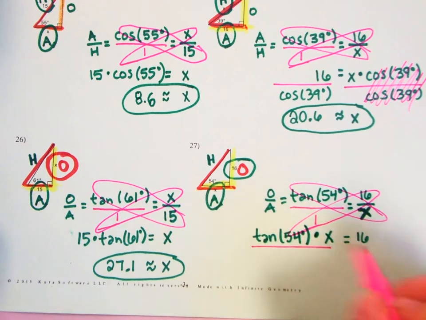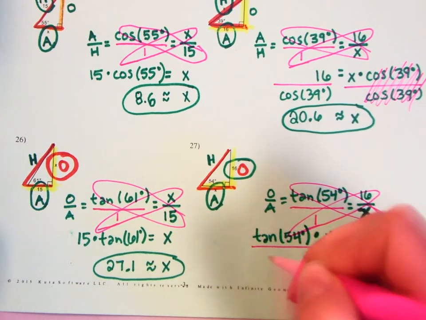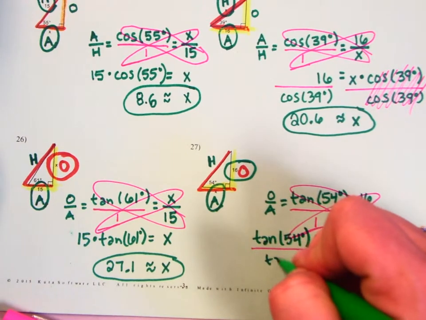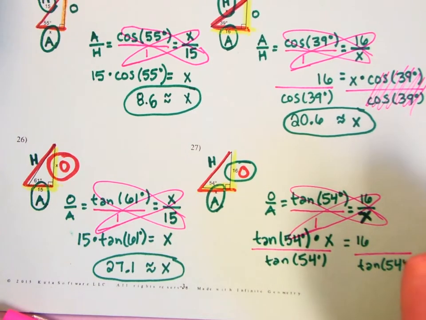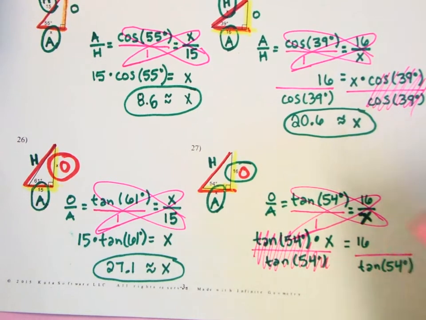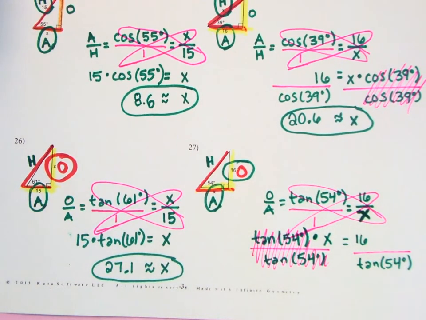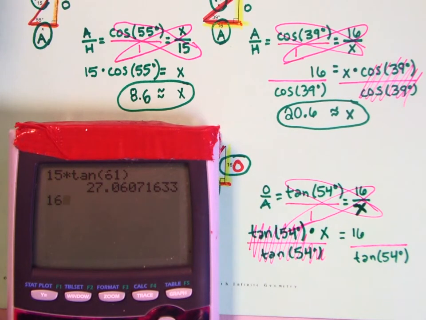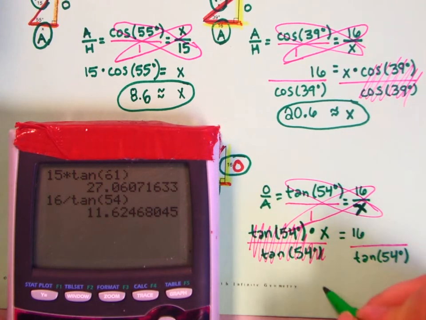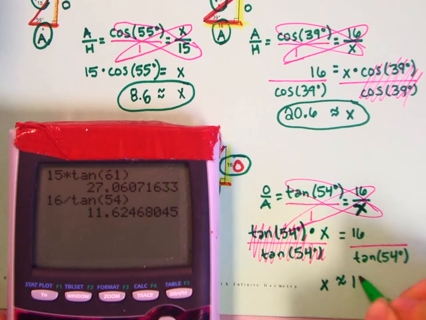So to undo that, I have to divide both sides of my equation by the tangent of 54 degrees. These cancel out, which tells me that x is exactly equal to 16 divided by the tangent of 54 degrees. I'm going to punch that in my calculator. 16 divided by the tangent of 54 degrees. Rounded to the nearest tenth, that tells me that x is approximately 11.5.